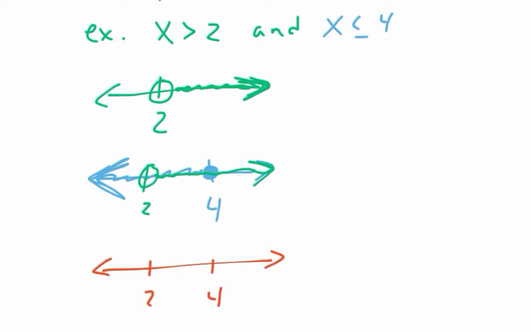So that part between my circle on the 2 and the circle on the 4 is what is shaded twice. So I still have to have my open circle on the 2 and my filled in circle on the 4, but my answer is everything in between those two. So red is going to be the final answer.